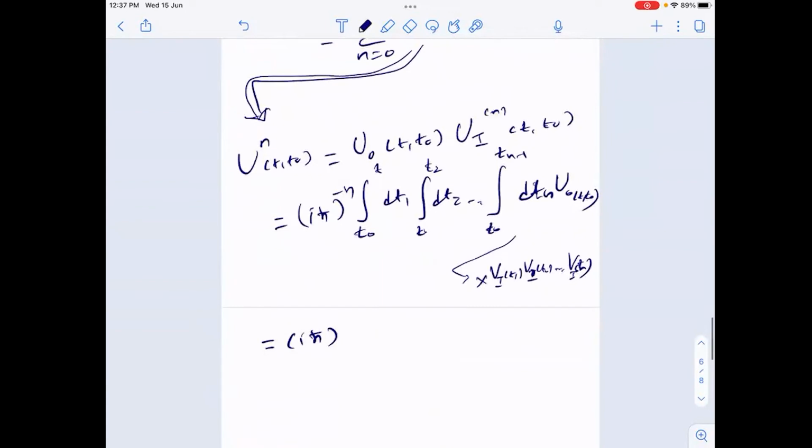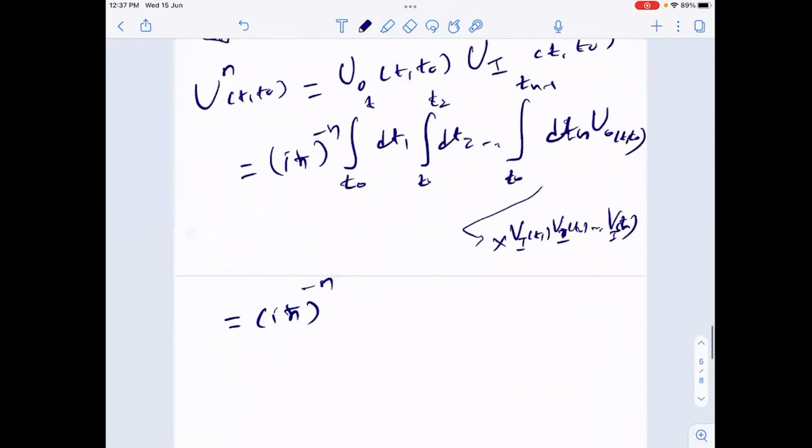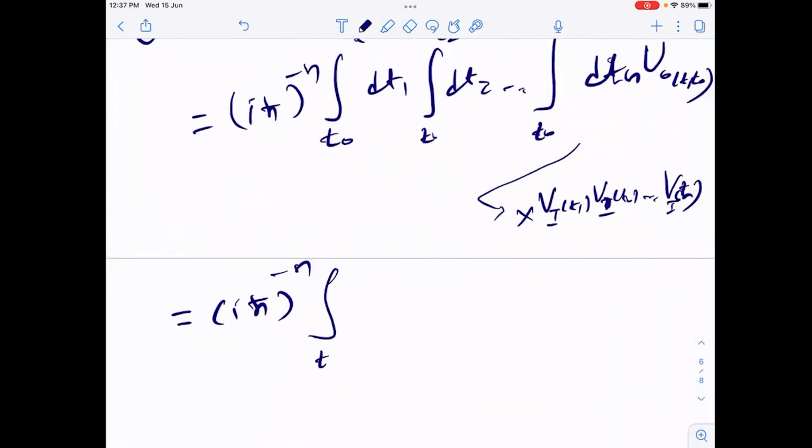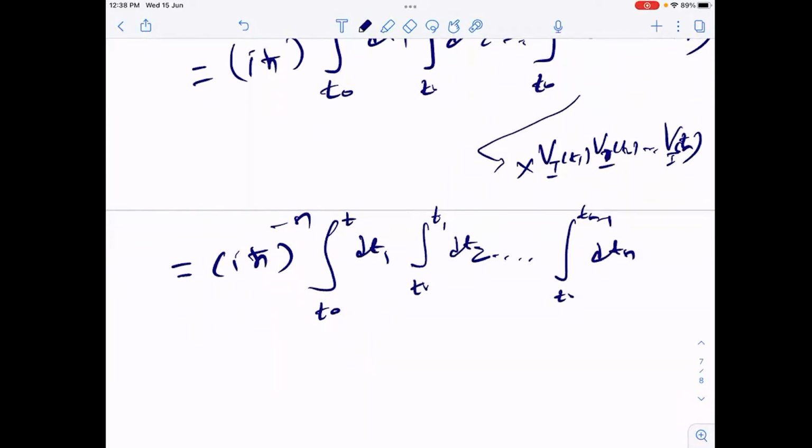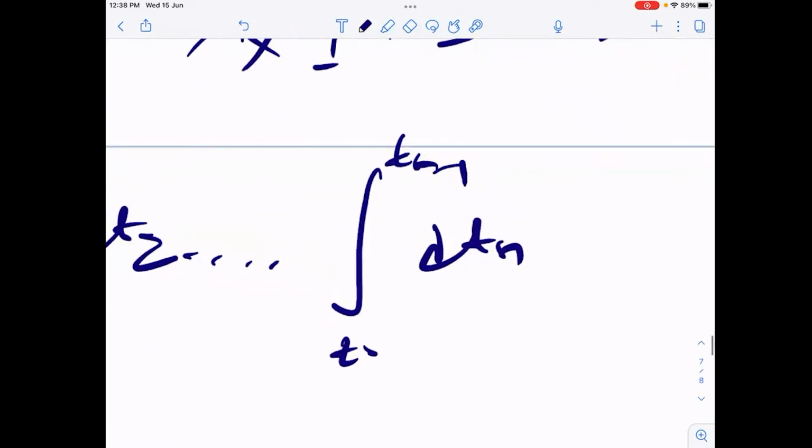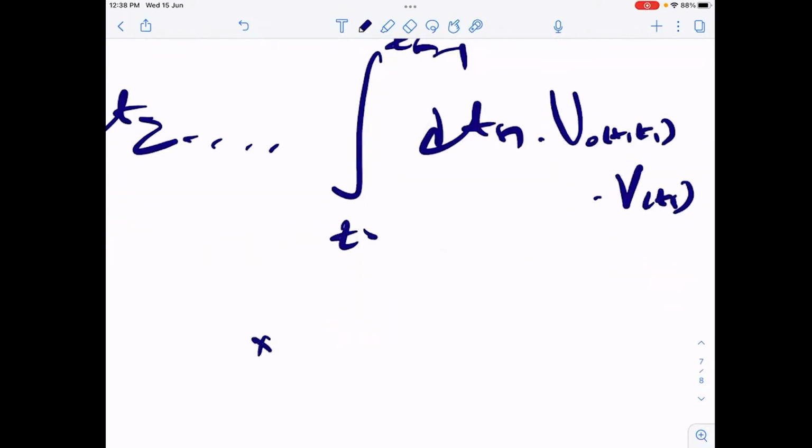So Un(T,T0). Further simplification will give us minus nth power, integral T0 to T dt1, T0 to T1 dt2, and so on, T0 to Tn minus 1 dtn, into U0(T,T1) into V(T1) into, I'm writing the terms one by one, right?